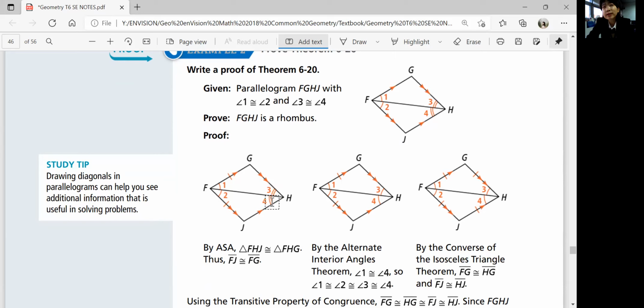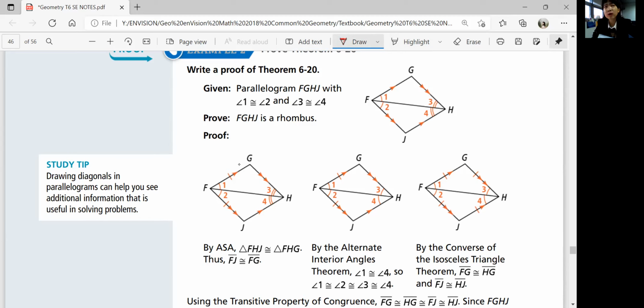So by CPCTC, FJ is congruent to FG because they are the corresponding sides, okay? So you need to know, after proving the triangles are congruent, make sure you know which sides are corresponding to each other.